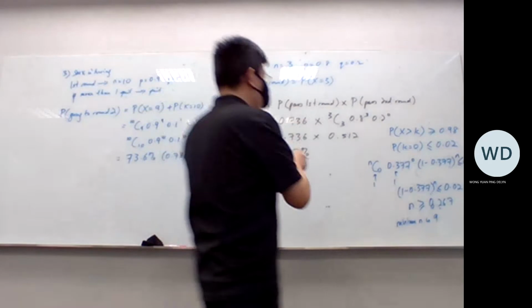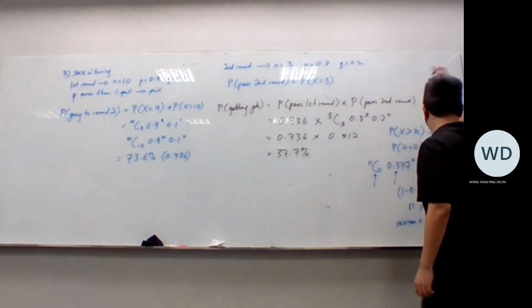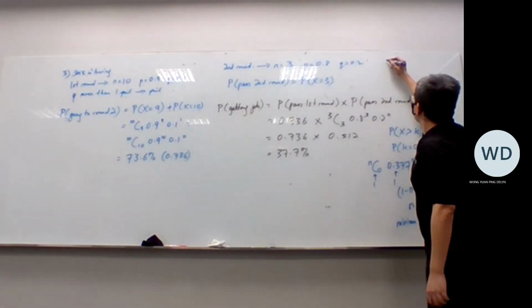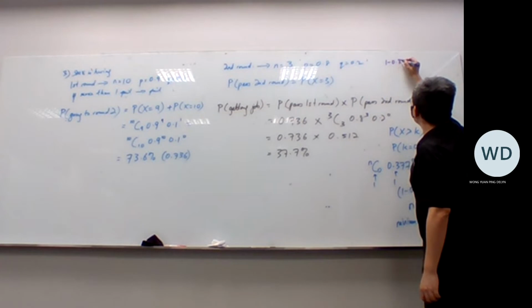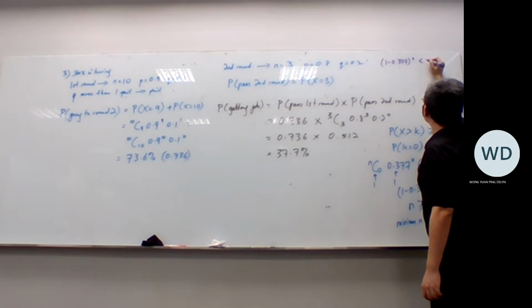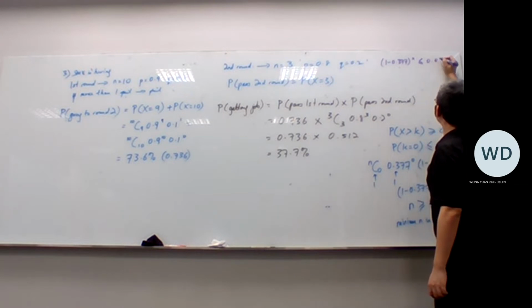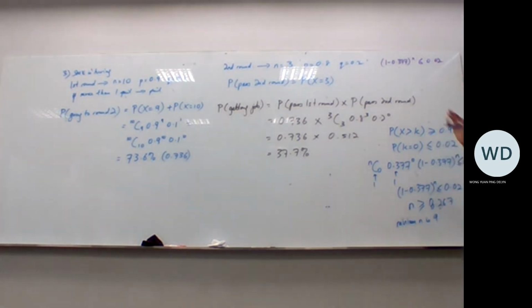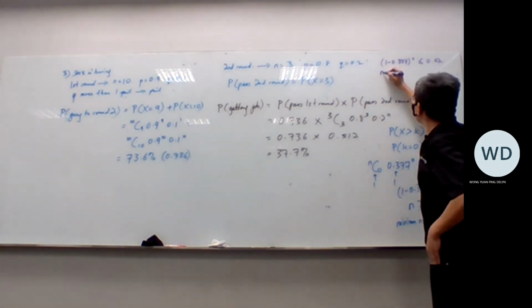It's just exactly what we did just now. So you end up with 1 minus 0.377 to the power of n equals 0.02. Okay, if you cannot handle more than or less than, then don't bother with more than or less than. Later, see which one makes more sense. You can treat it as equal. So you end up with this.